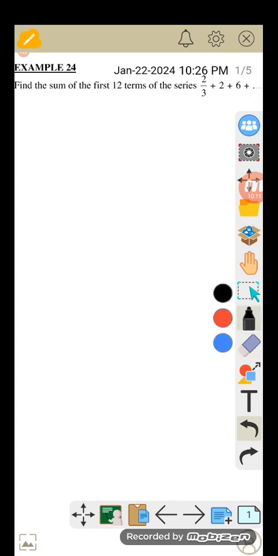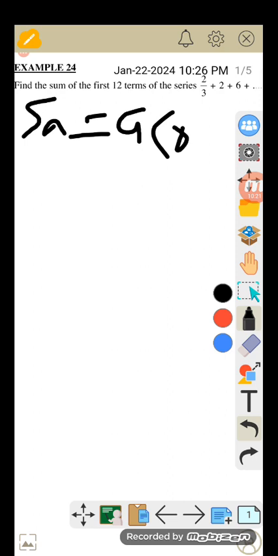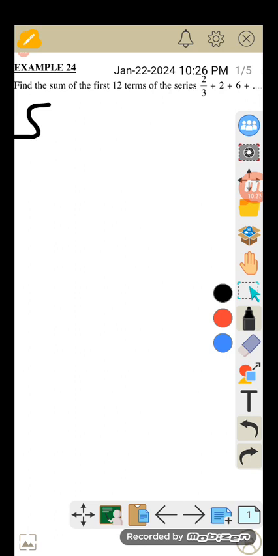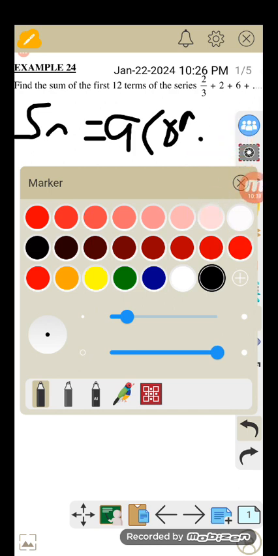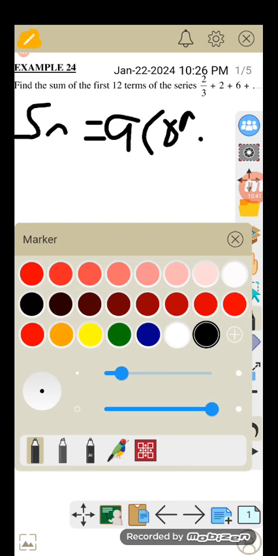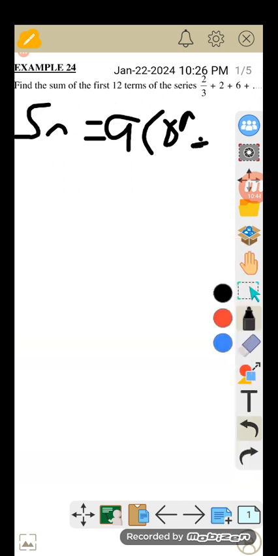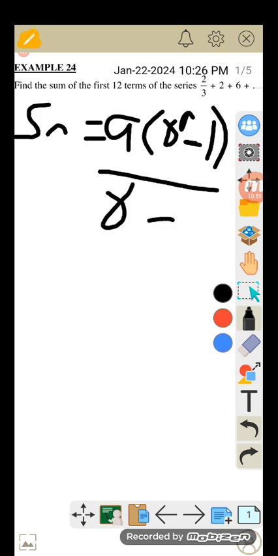Remember, our formula is Sn equals A into Rn minus 1, all over R minus 1.